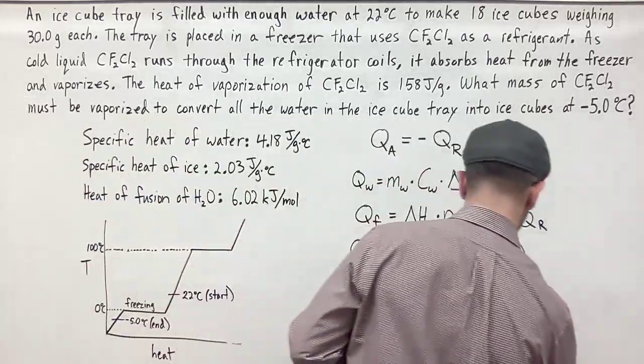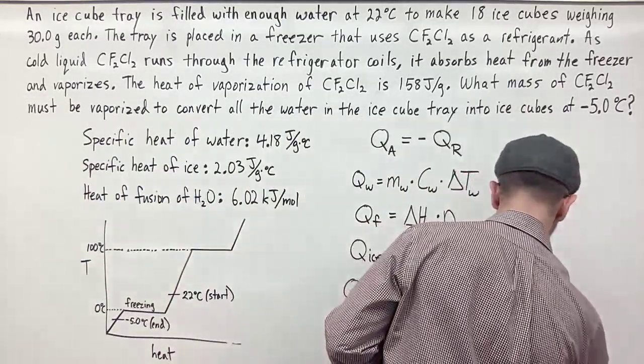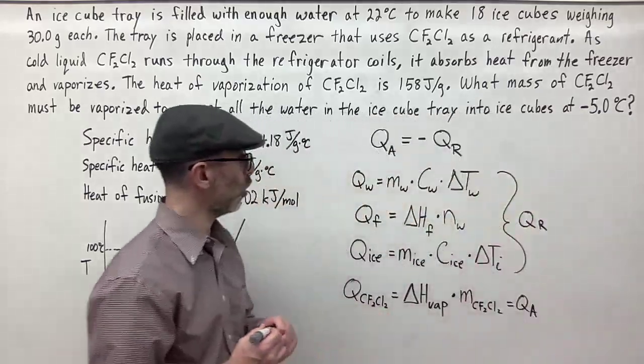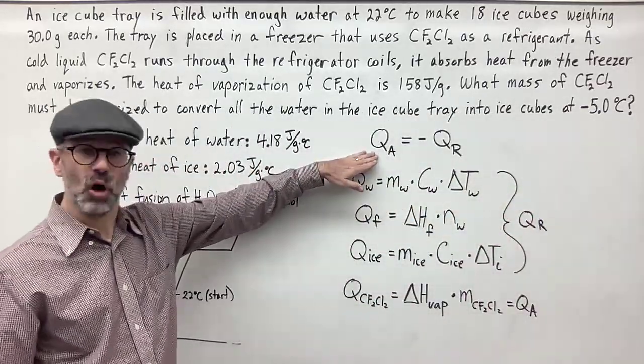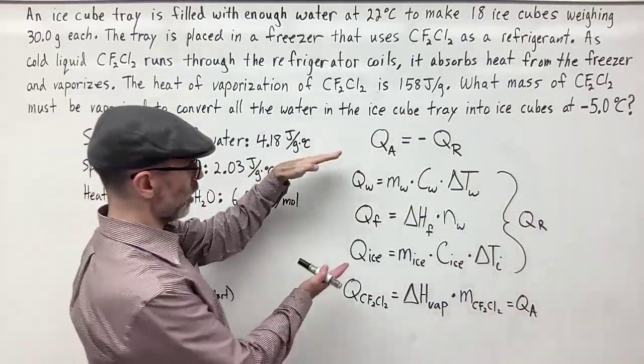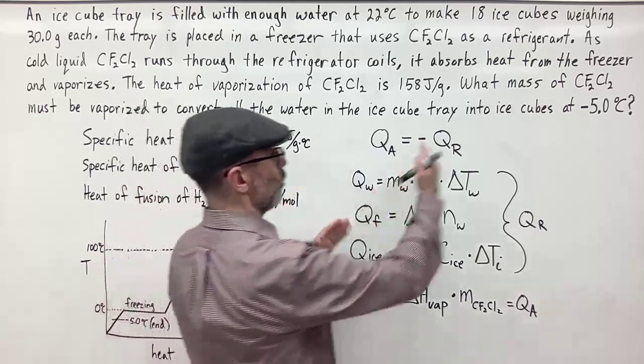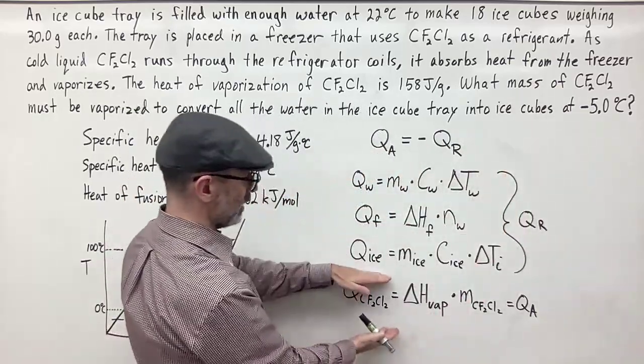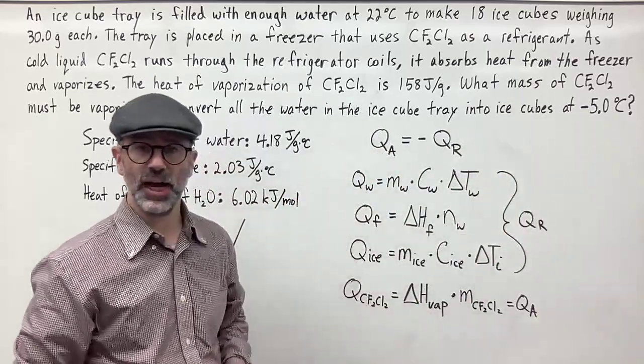So this is equal to the heat absorbed. And so all we need to do is take all of this, put it on one side, and take this and put it on the other side.